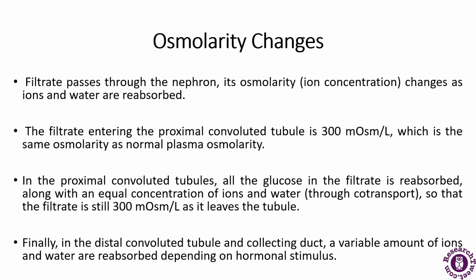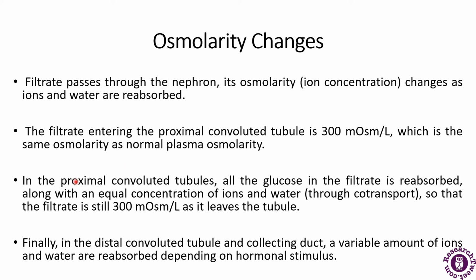There will be a change in the ions and water because they are constantly being reabsorbed. The filtrate entering the proximal convoluted tubule is about 300 mOsm per liter, which is the same as normal plasma osmolarity.